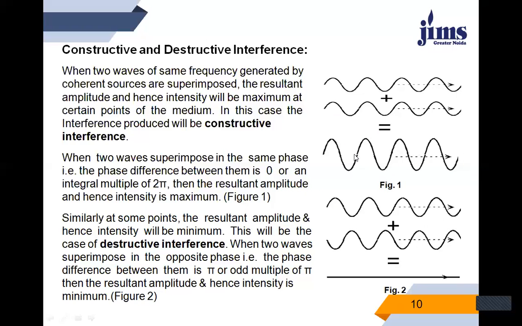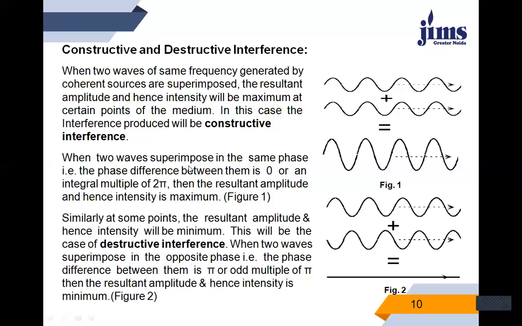But you can also see that the frequency of this resultant wave is the same as the frequency of the first and second waves. So the frequency remains the same. The wavelength of the resultant wave remains the same, but its amplitude is added. And since the square of the amplitude is the intensity, naturally its intensity, or its energy, will increase.